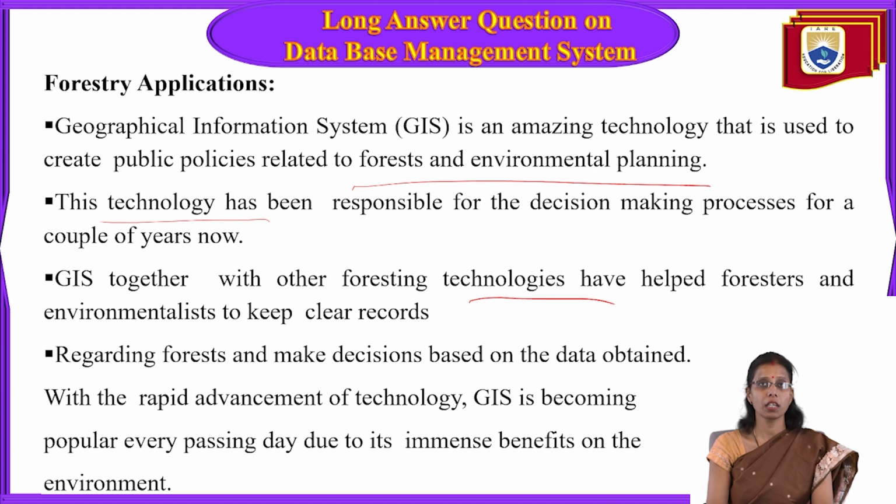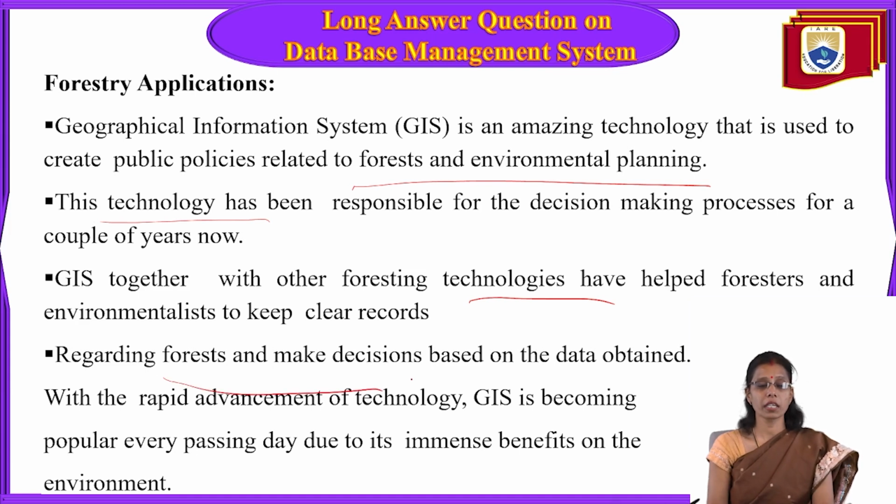So GIS will first of all help us decide whether to clear the forest or whether to help the forest, or provide any information related to forest fire, or some policies to be implemented in the forestry department.